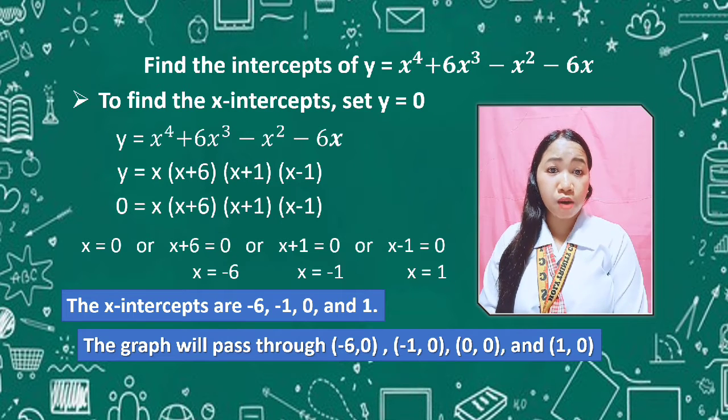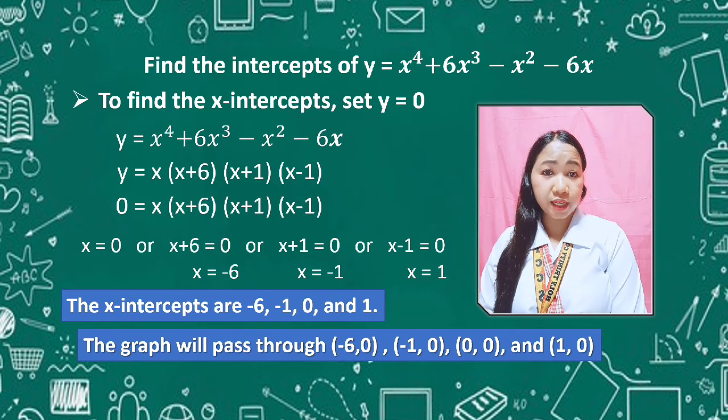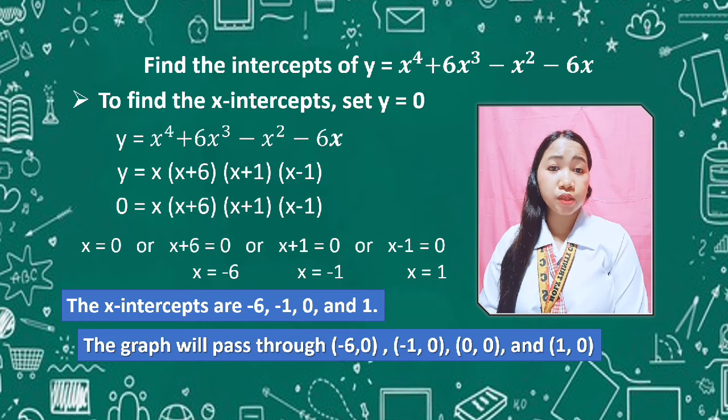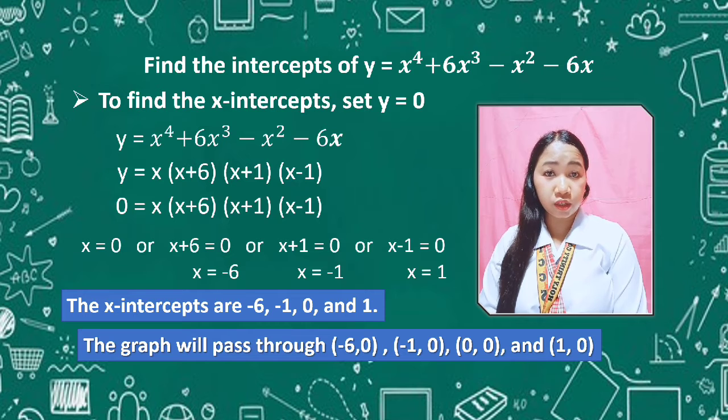So, we have now x equals 0, or x plus 6 equals 0, x plus 1 equals 0, x minus 1 equals 0. By transposition, we have x equals 0, x equals negative 6, x equals negative 1, x equals 1.